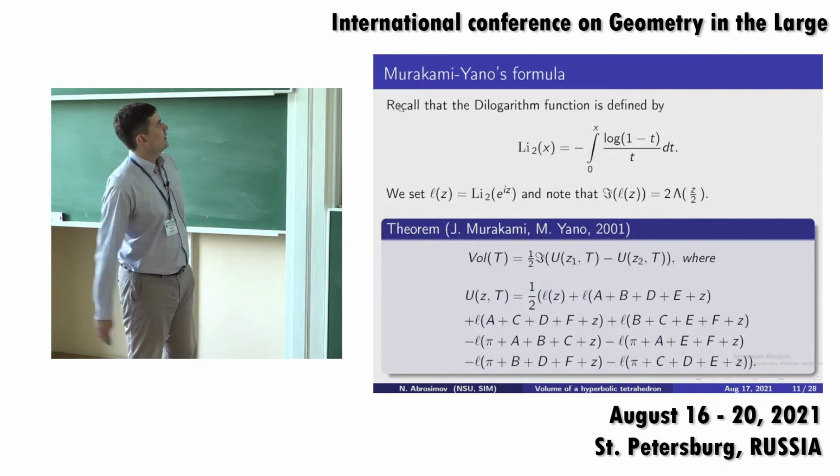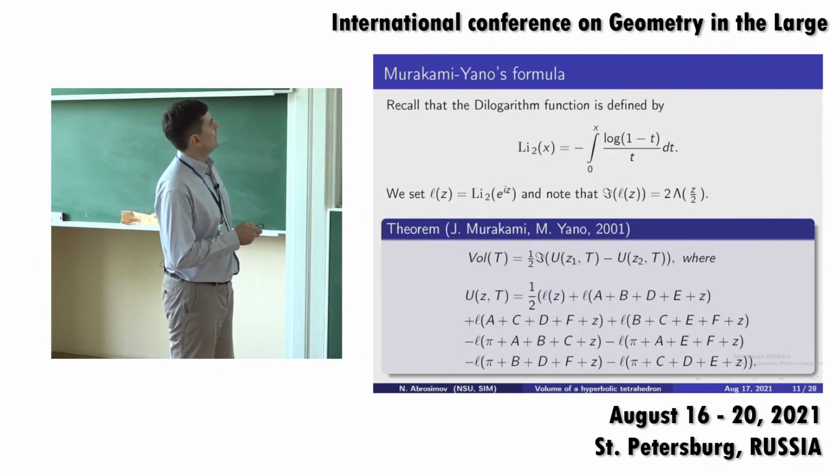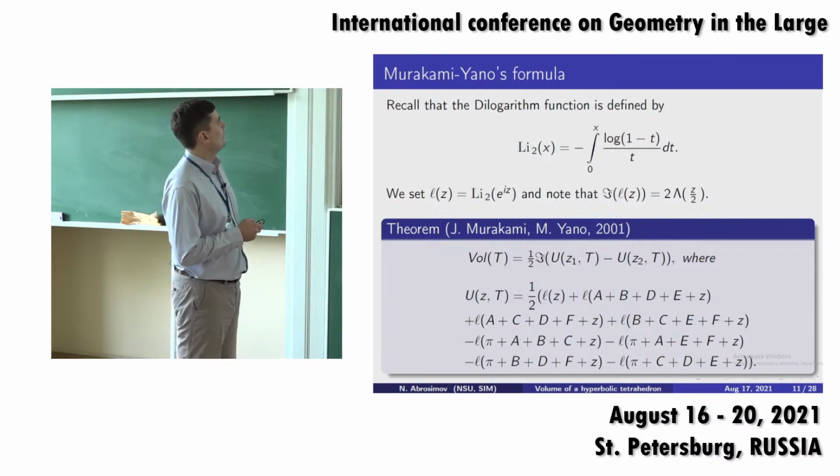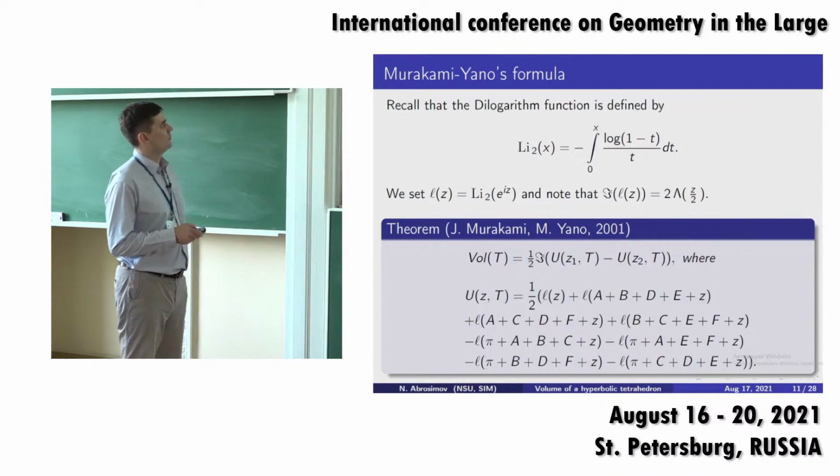Here is the Murakami-Yano formula. This is a definition of the dilogarithm. L is an auxiliary function in terms of the complex variable zeta. It is related to the Lobachevsky function. This is an imaginary part of L. And here is the formula.